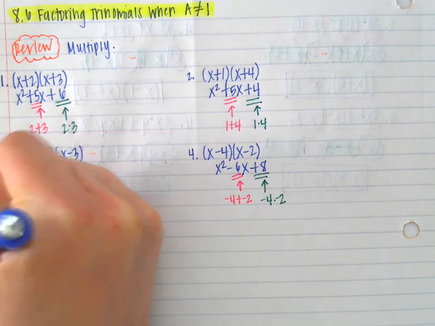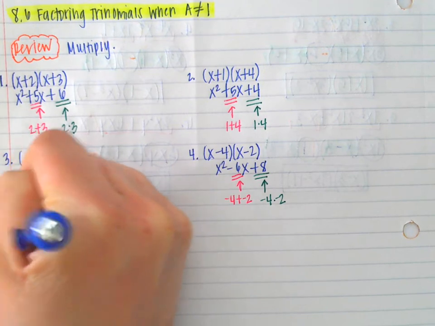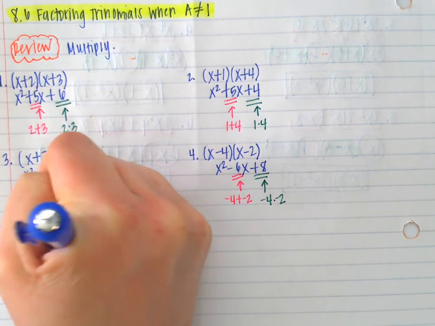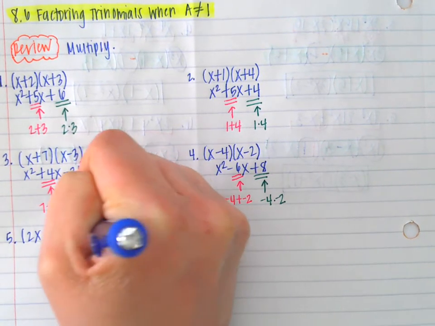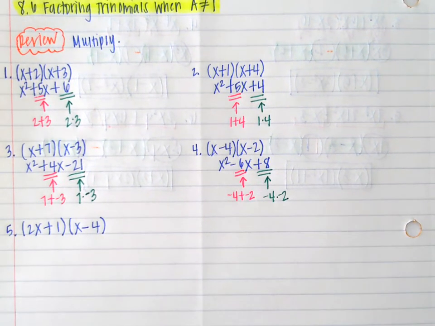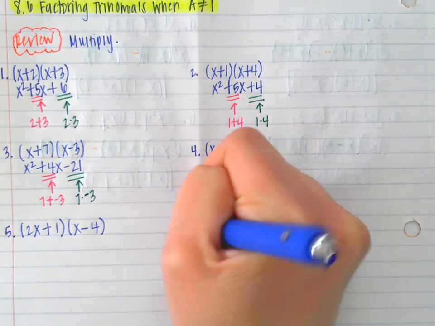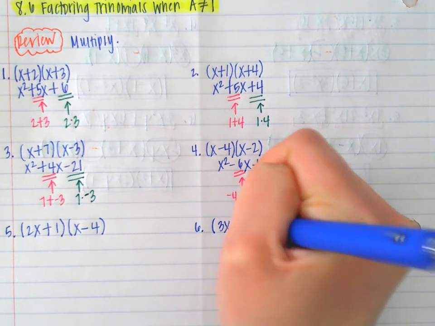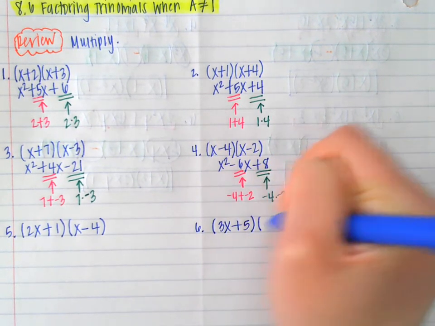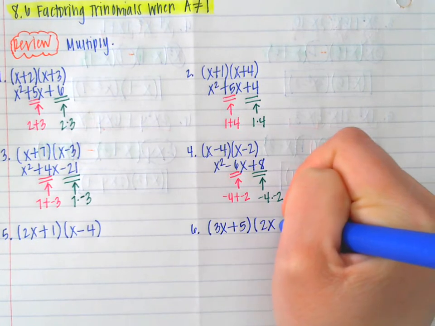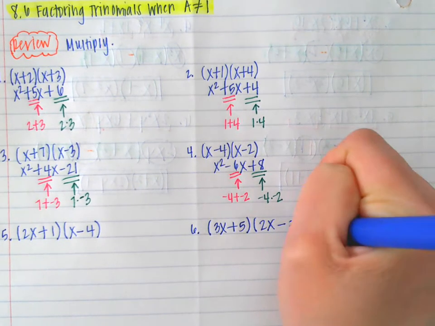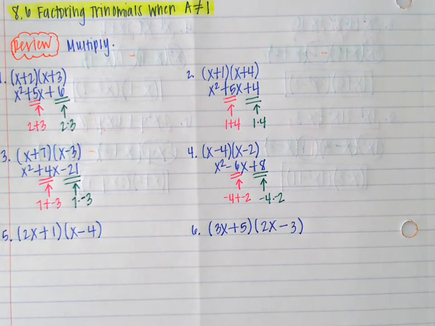So if I give you 2x plus 1 times x minus 4, and then I give you 3x plus 5 times 2x minus 3, I want you again to pause here and multiply those out. So pause right now and multiply those out. Use the box method, use FOIL, whatever you need to do. But pause right here and multiply.